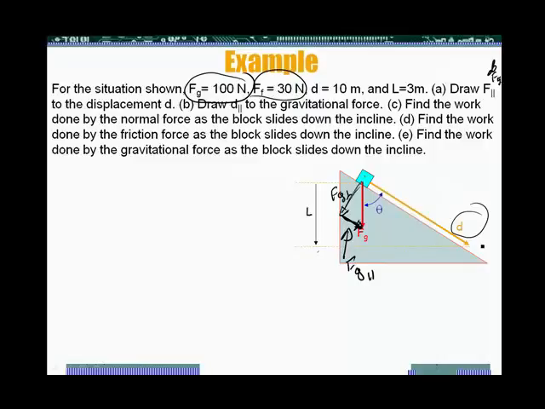So, how much of d is parallel to Fg? This is how much down we are moving. This is d parallel. That's what's parallel to Fg.